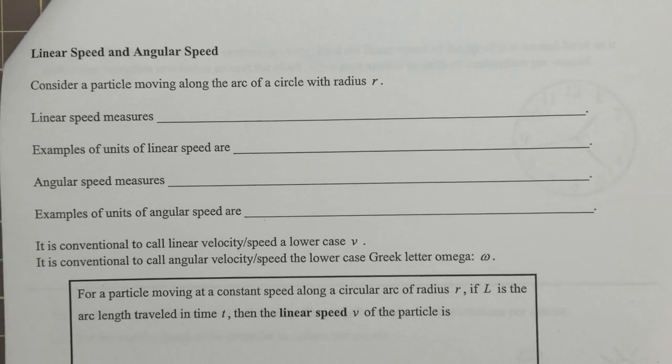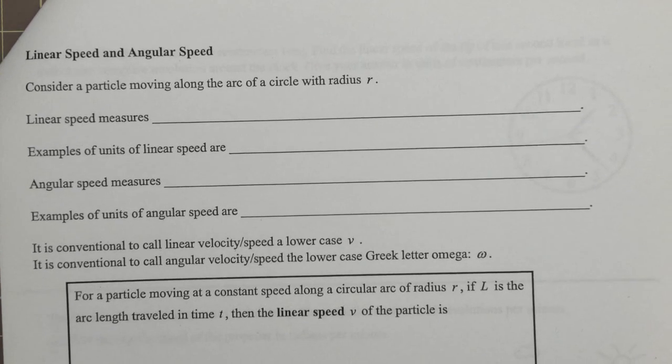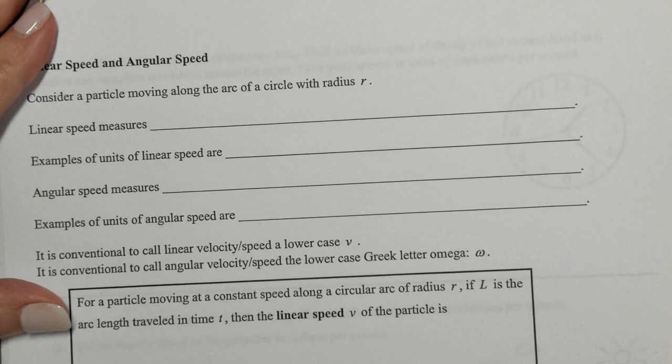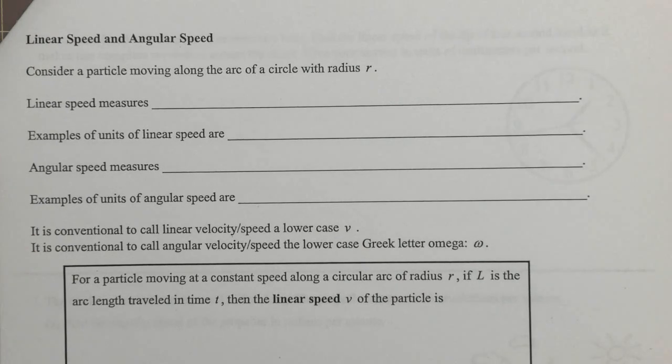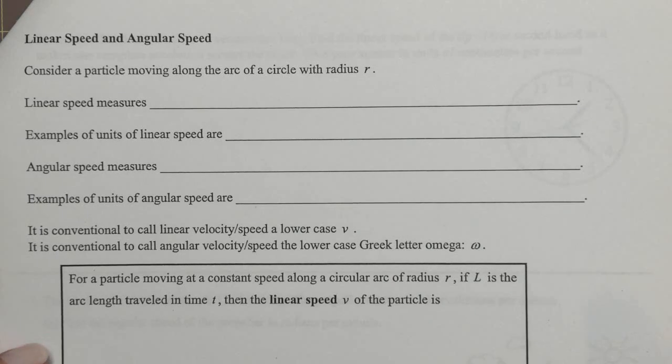Linear speed and angular speed. Consider a particle moving along the arc of a circle with radius r. Okay? Consider a particle moving along that arc.